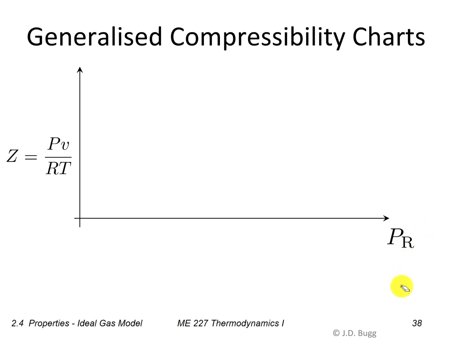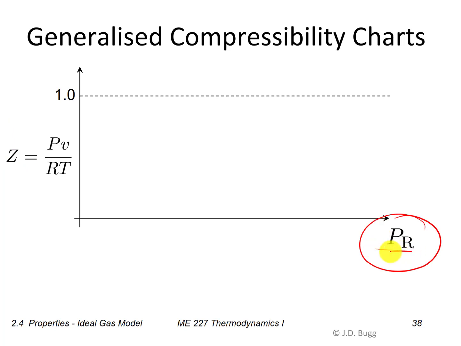Well, first thing to realize is there is an important value of Z here that we want to show on here, and that is, of course, Z equals 1. If we're somewhere along that dotted line, then we have an ideal gas because Z is equal to 1 on that dotted line.